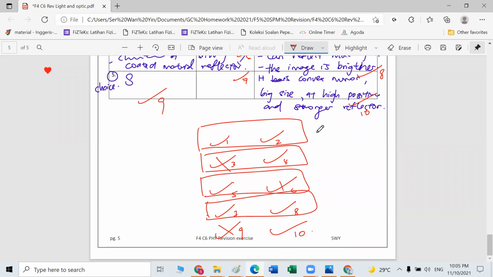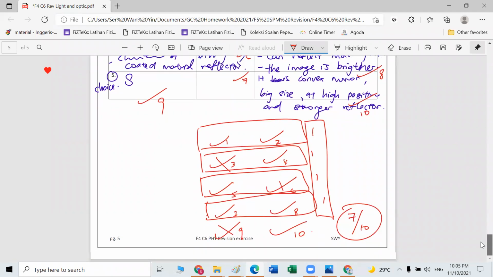See, 2 correct, 1 mark. Either one correct, 1 mark. So as long as you get one of each pair correct, you will automatically get the 10 marks. So this one we will get 1, 2, 3, 4, 5, 6, 7, 7 of 10.